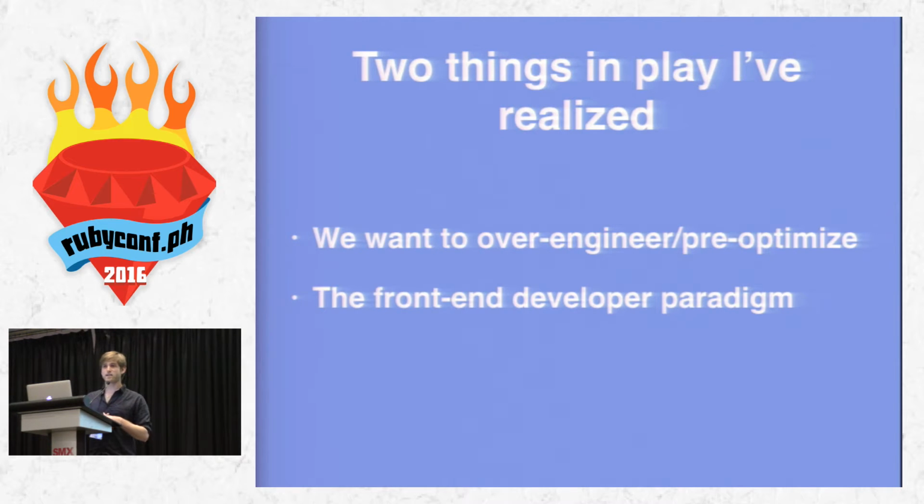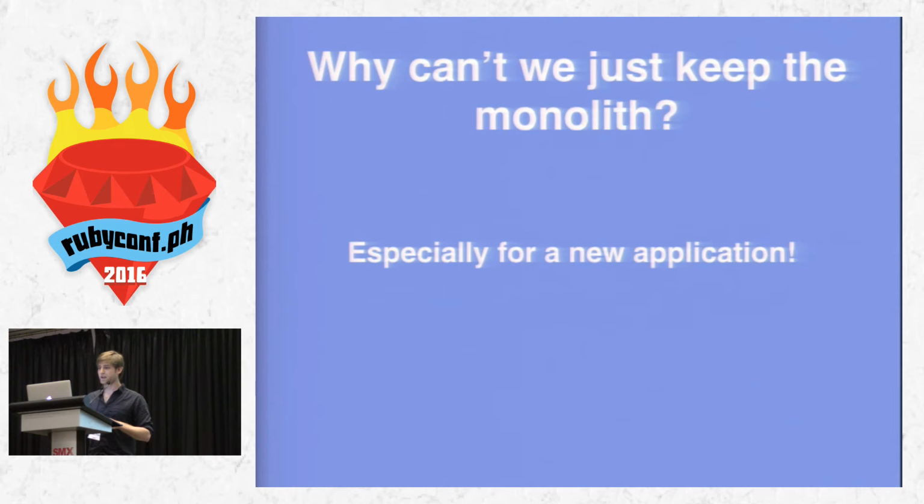But one of the patterns I see now is backend developers create a backend API, front-end developers can just mock it and work on their own app separately, but it adds a layer of complexity. So why can't we just keep the monolith? Well, I think this would make a lot more sense and it'd be much easier to manage.